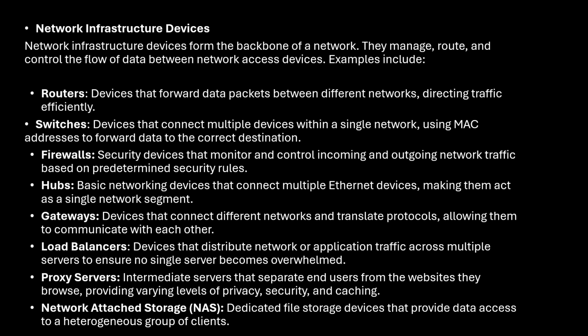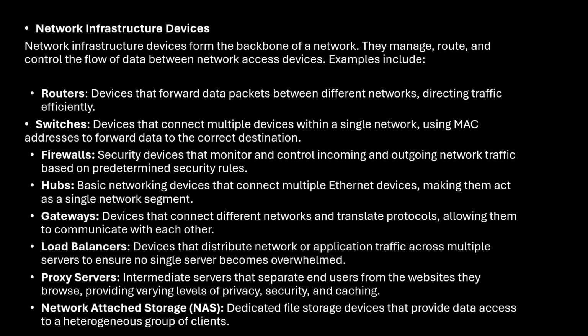A firewall is a security device that monitors incoming and outgoing network traffic and allows or blocks data packets based on a set of security rules. Basically, it protects our network from unauthorized access.